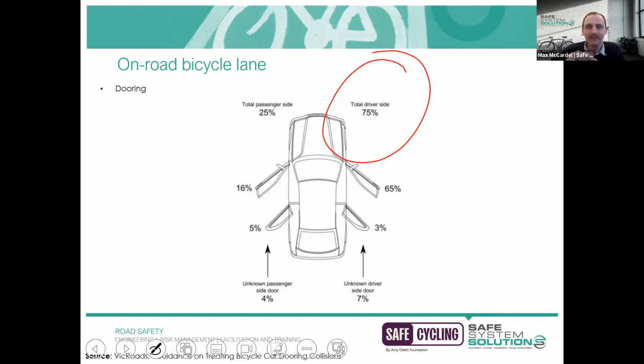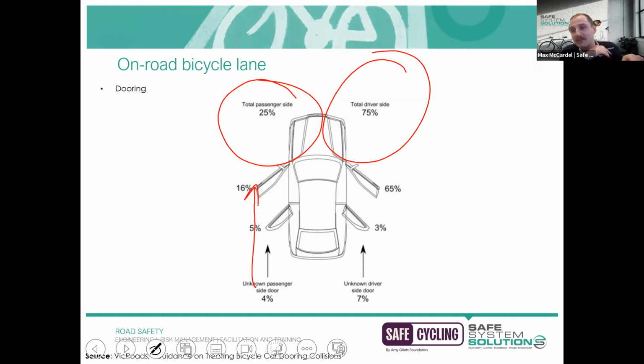Some of you may be wondering, where do you reckon this passenger side risk comes from? And I would suggest a lot of that would be if you've ever ridden in CBDs or busy districts, and you may be lane filtering approaching an intersection. So it could be a stopped vehicle at the lights and you're coming up this side, ready to get to the bike box or situate yourself right at the front of the intersection.